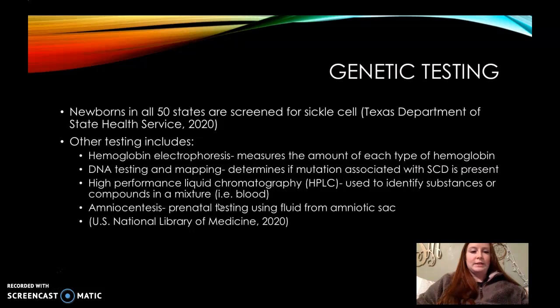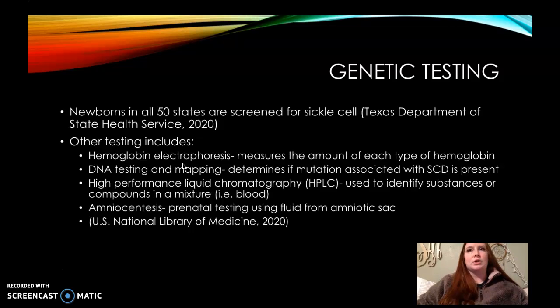So some of the genetic testing is that all newborns in all 50 states are screened for sickle cell. That's one of the diseases that are checked for whenever they do newborn screening. Some of the other testing includes hemoglobin electrophoresis, which measures the amount of each type of hemoglobin.